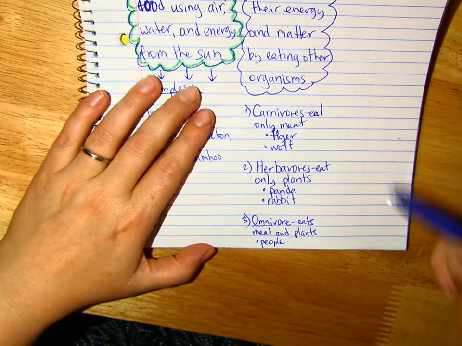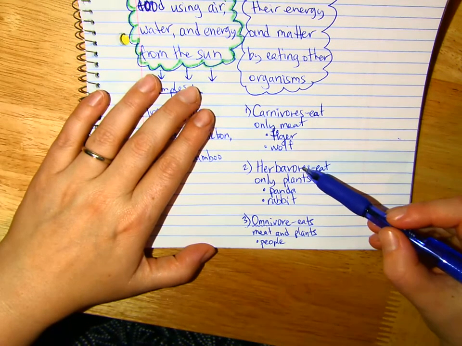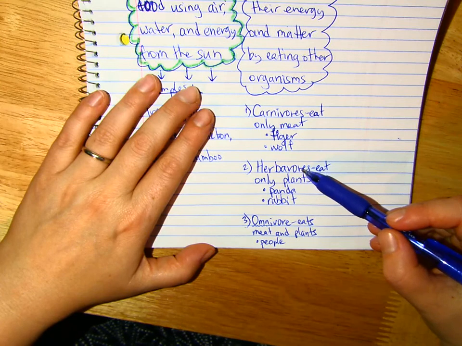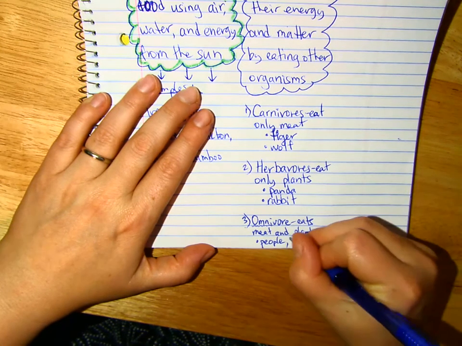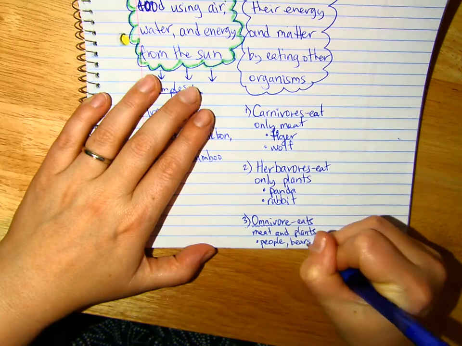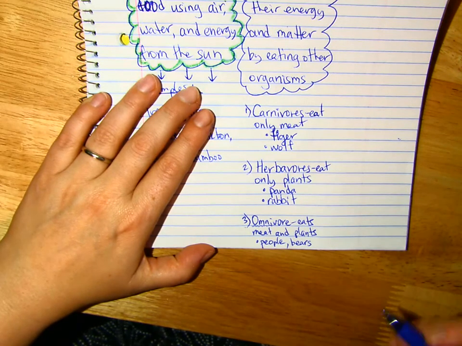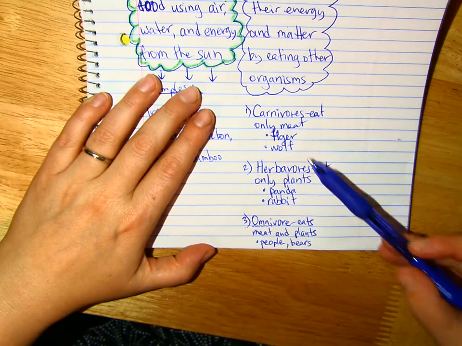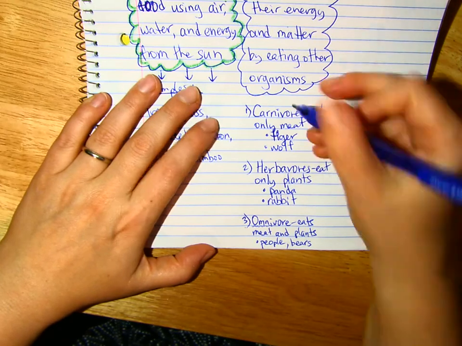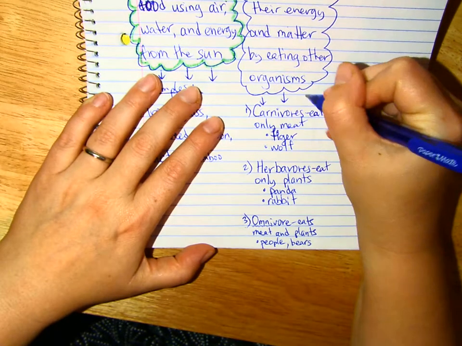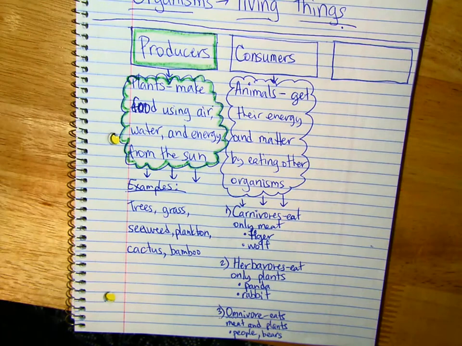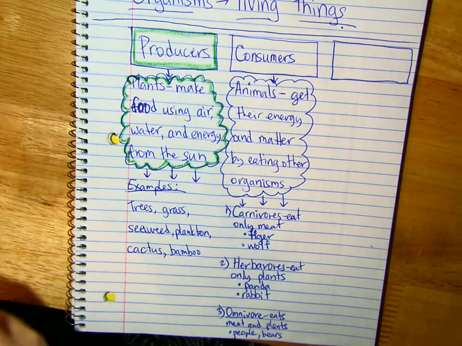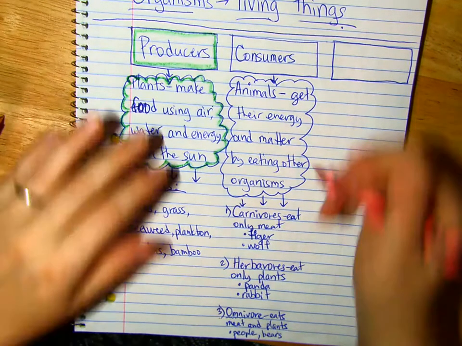Now you might be an herbivore if you say, nope, I only eat plants, I am a vegan. But most humans are omnivores. Bears are another example of omnivores. See if you can think of any others. These are our 3 categories of consumers. So I'm going to color in my consumers red to show that they eat other things.